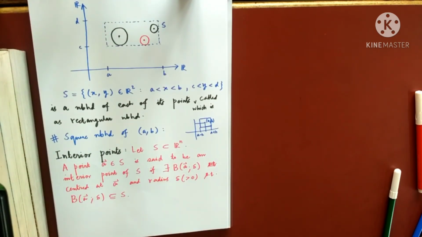A point belonging to S is said to be an interior point if I can draw some open ball around that point such that that whole open ball is inside the set S. And in simple words, S is a neighborhood of A. Am I clear with the definition?